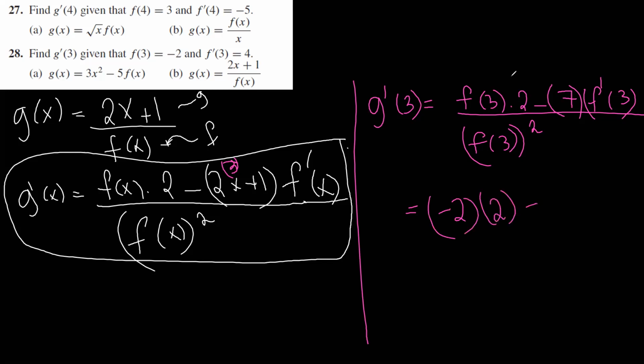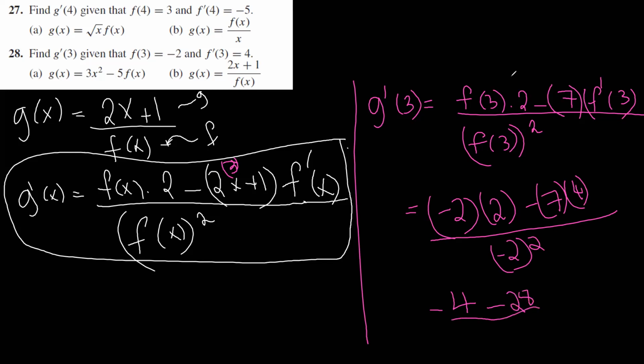Minus 7 times 4, that is 28, over negative 2 squared, which is 4. Now, negative 4 minus 28 is negative 32. Over 4, divided by 4, is negative 8.